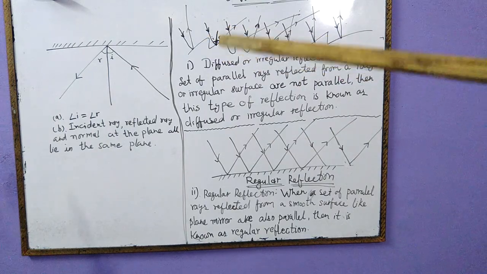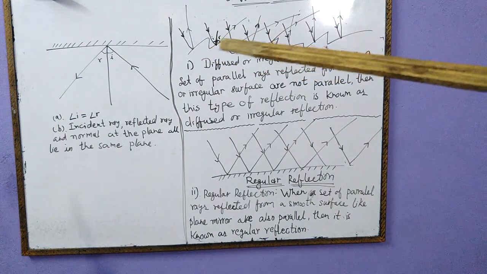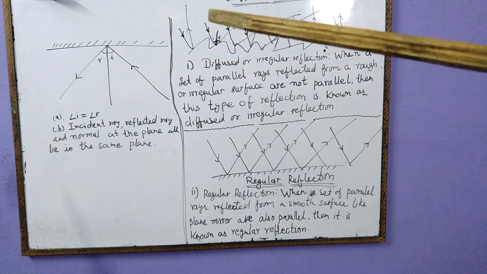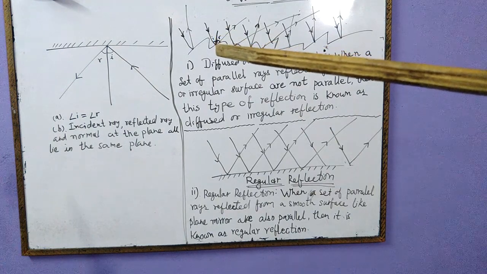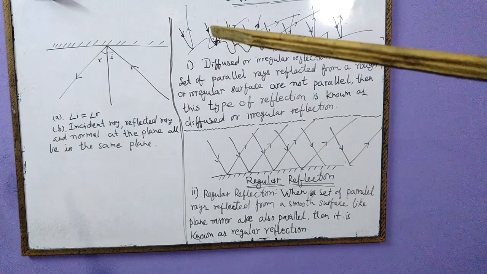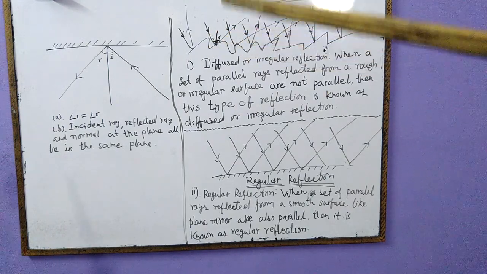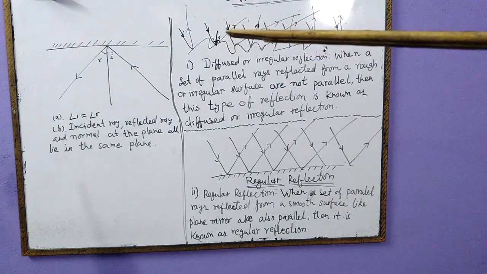I had given the example only taking this normal. You see, this surface is inclined in this manner, is it? So the normal for this plane will be different, and according to the normal for that plane, the reflected ray will make an equal angle to the incident ray and then reflect. That's why, see, this is falling on this peak, so it will reflect.